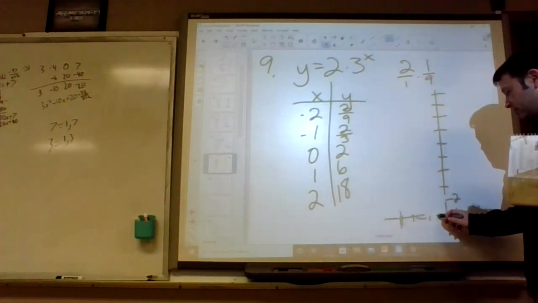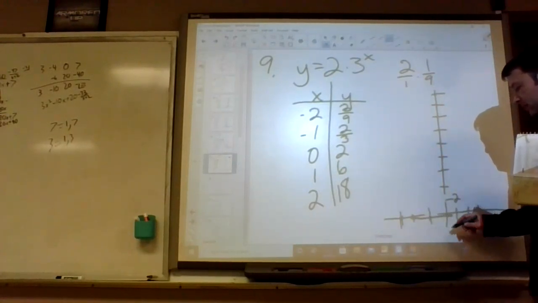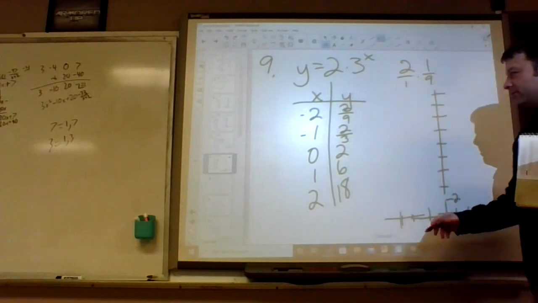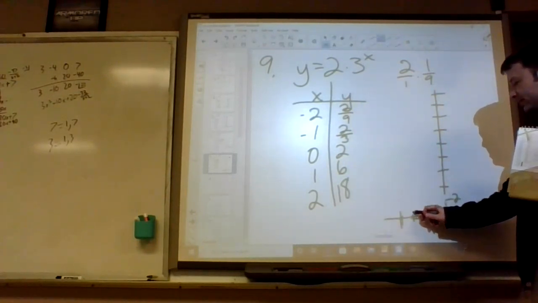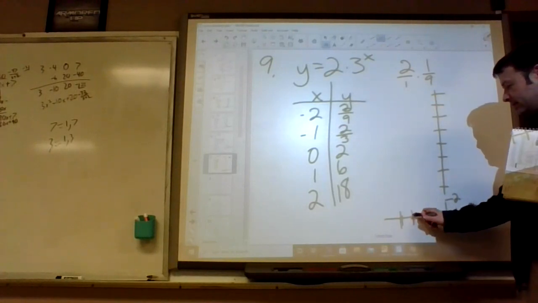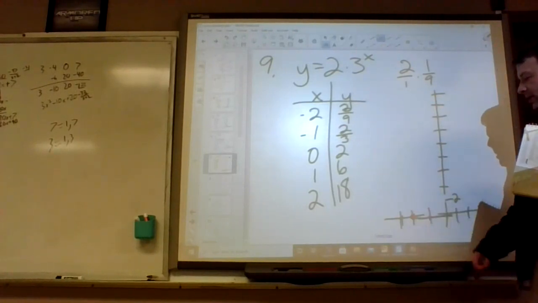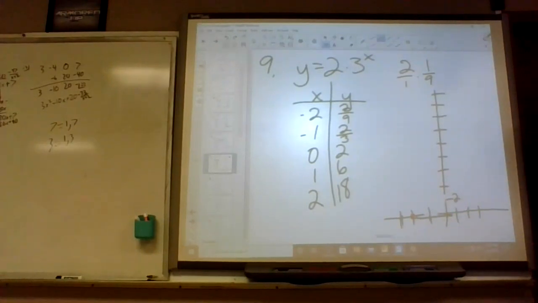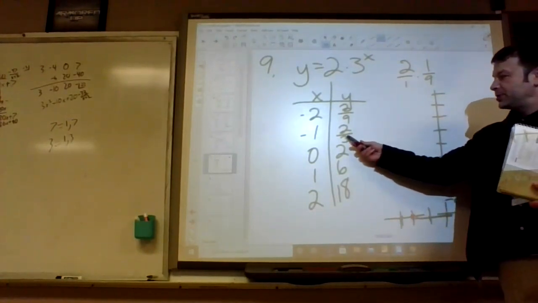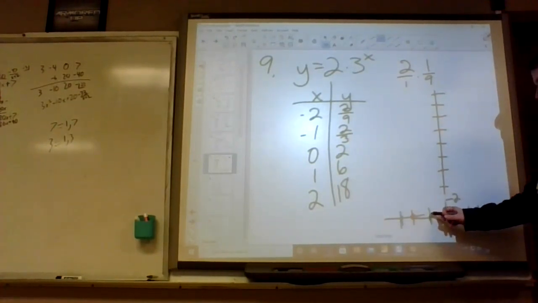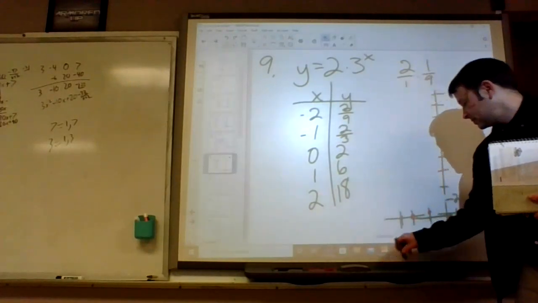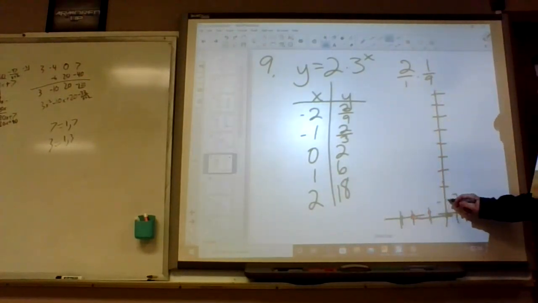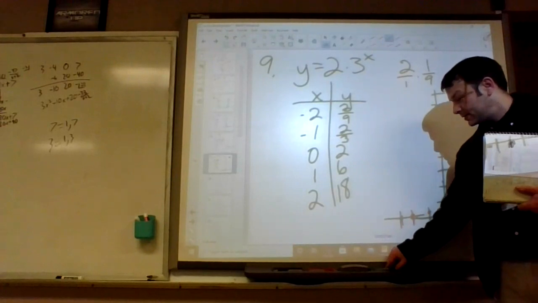Okay, let me try again. So 2/9, if I'm counting by twos, should look like 1/9 actually, which, whoops, this is becoming a mess. It should be right off the line. Okay, and then 2/3 should look like 1/3 since I'm counting by twos. Can't fix it.